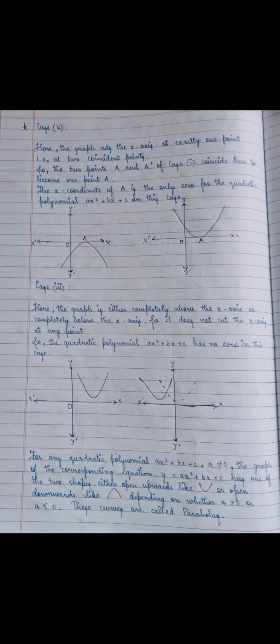From this we can conclude that the shape of the curves is either completely open upwards or completely open downwards, hence either a greater than 0 or a less than 0, and these curves are called parabolas.